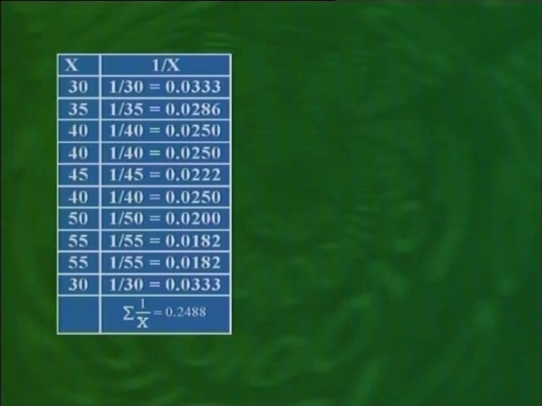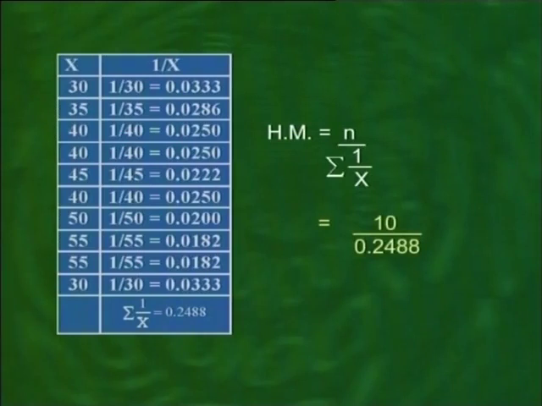And adding all of them, sigma 1 over x comes out to be 0.2488. Substituting this value in the formula of the harmonic mean, we obtain 10 over 0.2488 equal to 40.2 miles per hour.